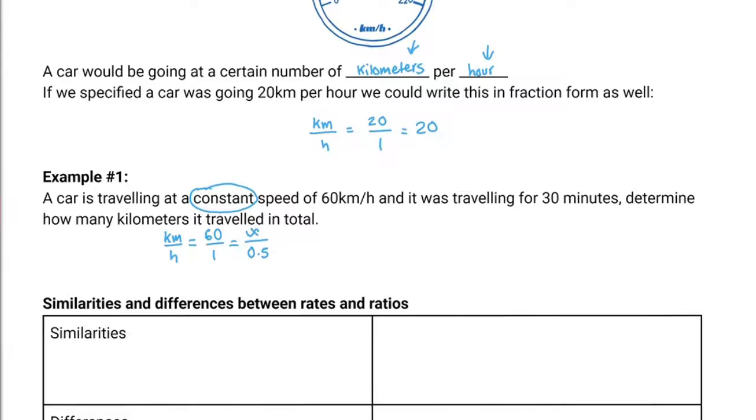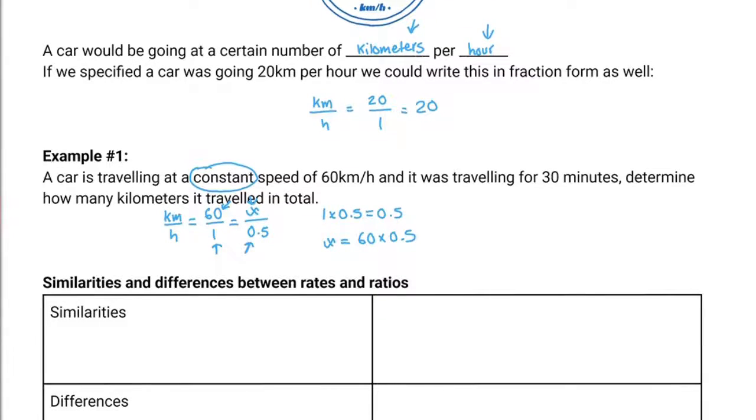So now let's solve for x. So let's think about this. How do we go from 1 to 0.5? That's the same way we go from 60 to x. So we can solve for this by trying to figure out how to go from 1 to 0.5. Well, we know 1 times 0.5 is equal to 0.5. That's pretty straightforward. This means that x would be equal to 60 times 0.5.